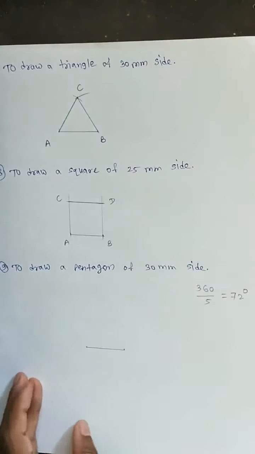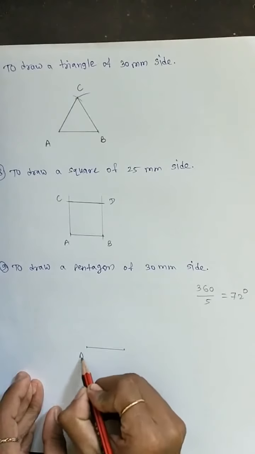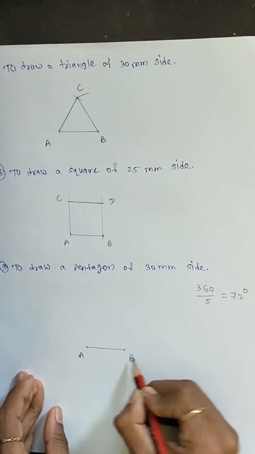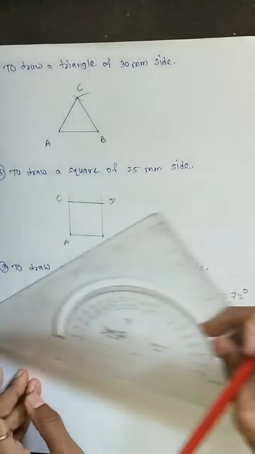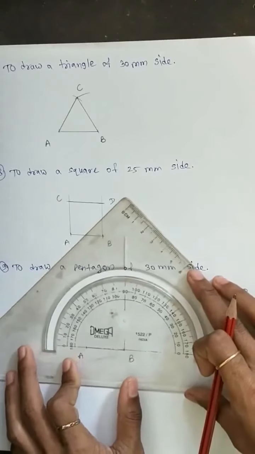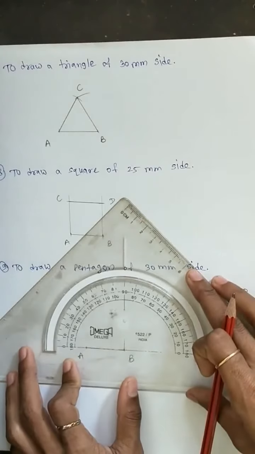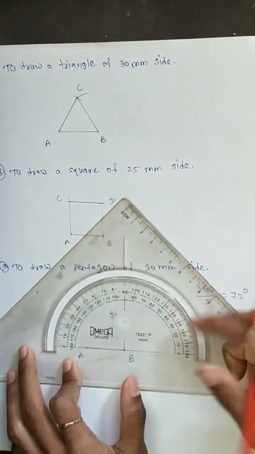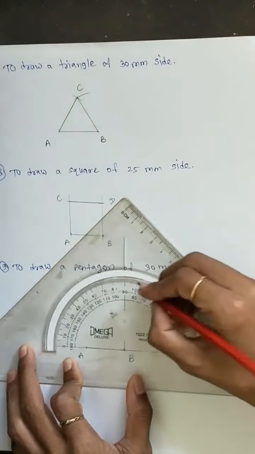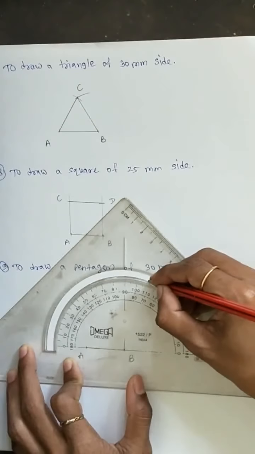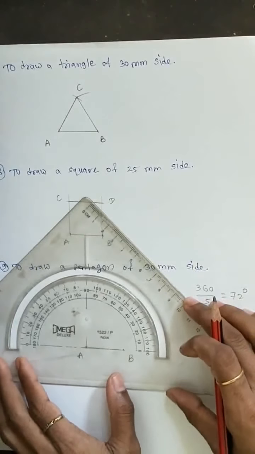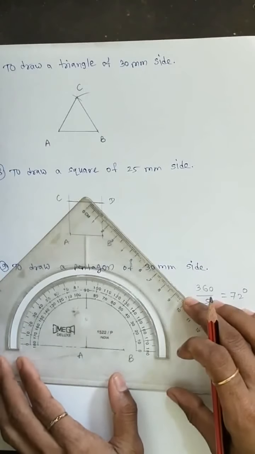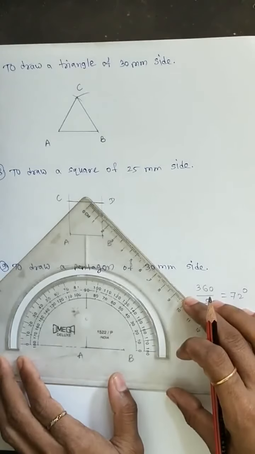Give its name as at this point A and at this point B. Then measure 72 degree angle from point A and from point B. So from point A, measure 72 degree angle, and from point B, measure 72 degree angle.